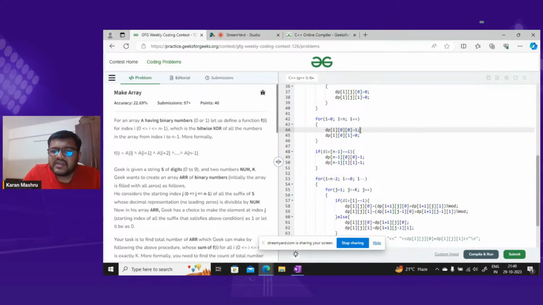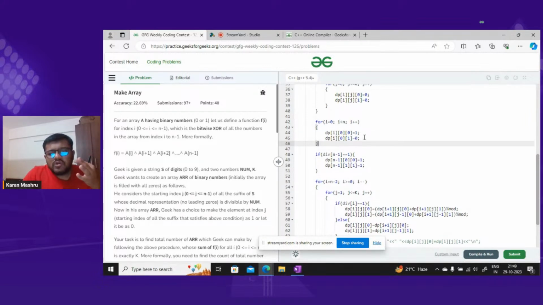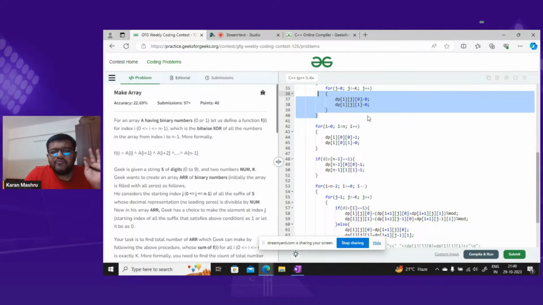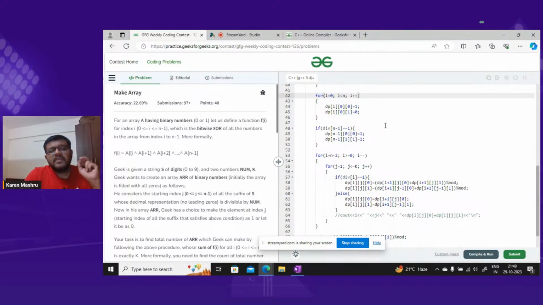If it is 0, there is only one way to take all of them as 0. And dp of I 0 and 1 is 0, because if you want the summation f value to be 0, you cannot take f of I to be 1, then the summation f will not be 0. Okay, so I have taken that as 0. Even if you do not do that, that will be okay, because initially I have filled the complete table with 0. Okay. Now I have filled the last position first.